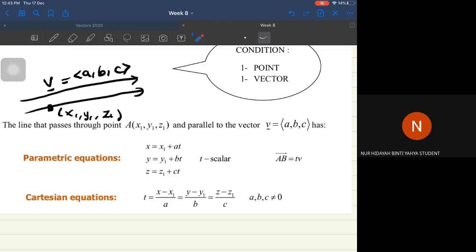Awak kena tahu this is a parametric equation. X1, Y1, Z1 ni merujuk kepada point. Okay. Pastikan ingat tau dan pastikan faham. Saya tak cakap saya saja ni. Okay. This one refer as a point. Okay. And A, B, C refer as a vector. Okay. A, B, C adalah vector.